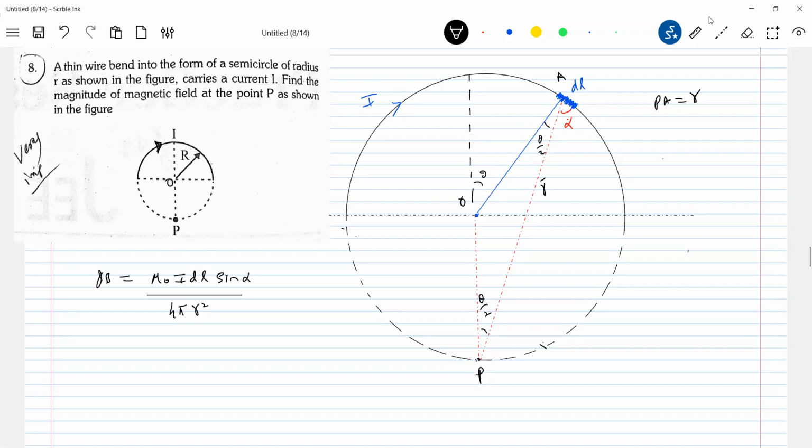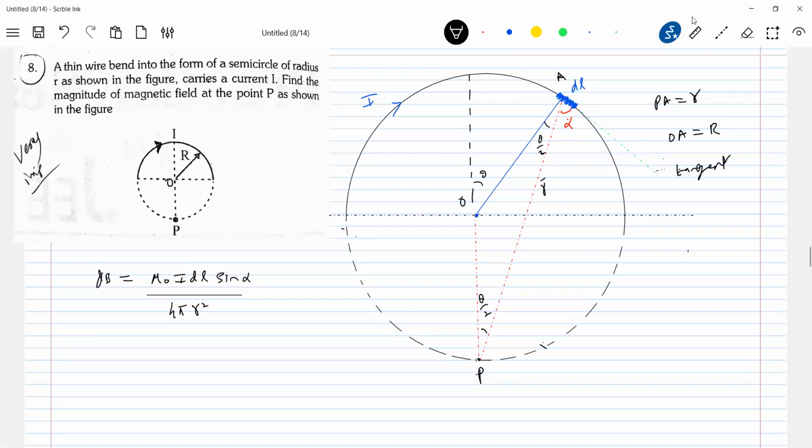PA is R and OA is capital R. The angle between OA and this dotted line, this will be a tangent, no? Tangent drawn to the circle.